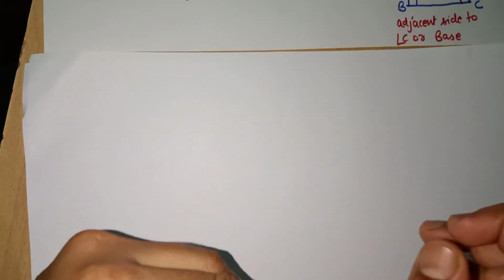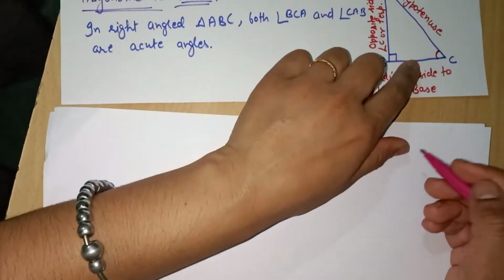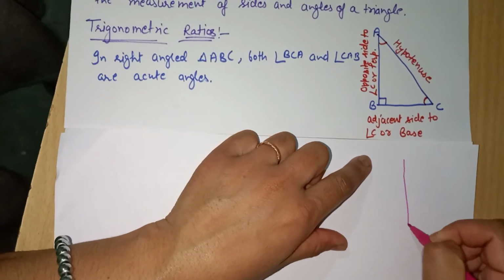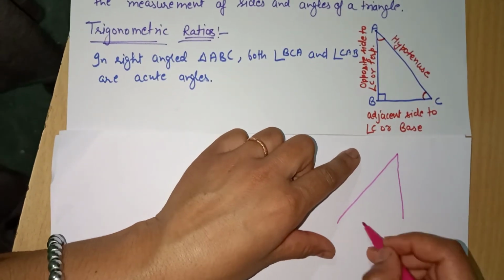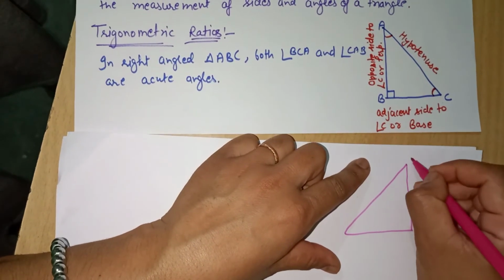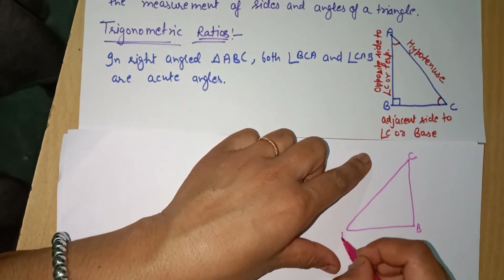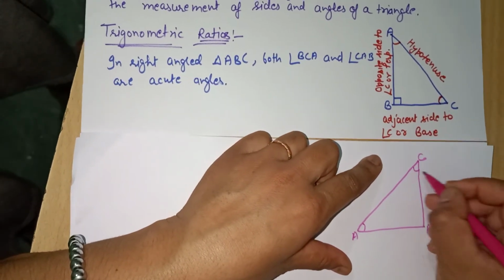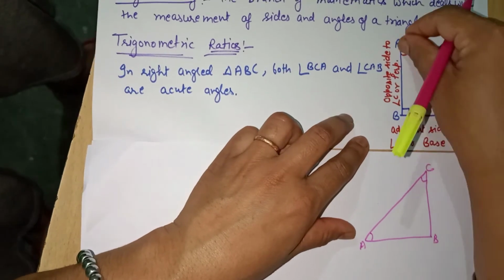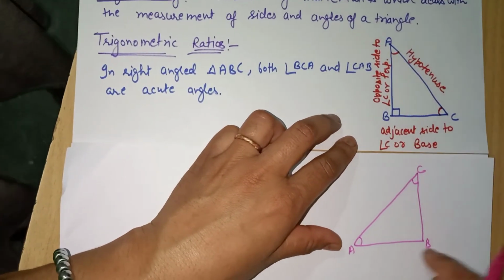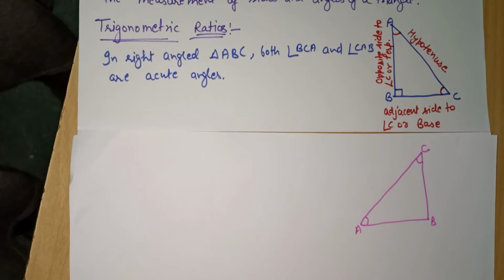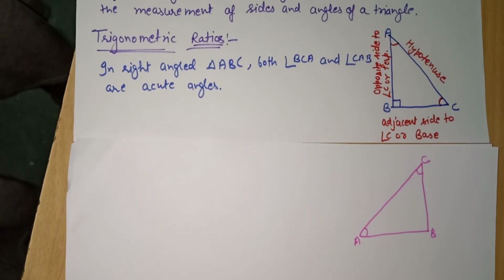If I rotate this triangle around C, then we will get the new triangle. If I rotate this triangle, then it will go upward and the side AB will be downward.